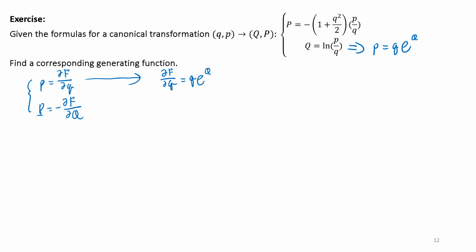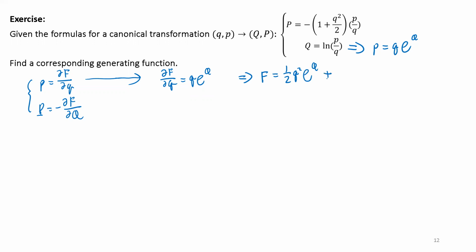If you integrate both sides, what you get is that this f is equal to integrating this with respect to small q, that would be 1/2 small q squared times e to the capital Q. Oh, that's not done yet.